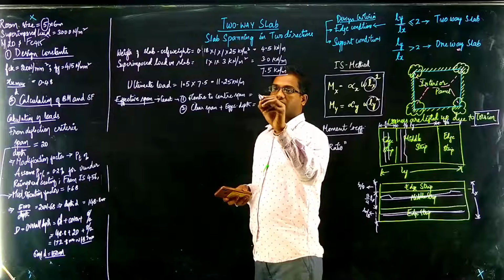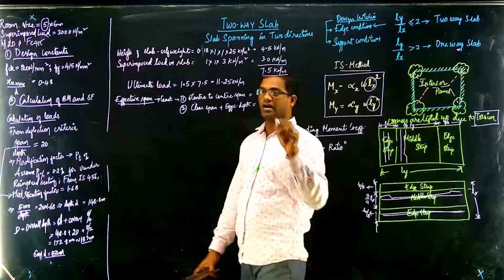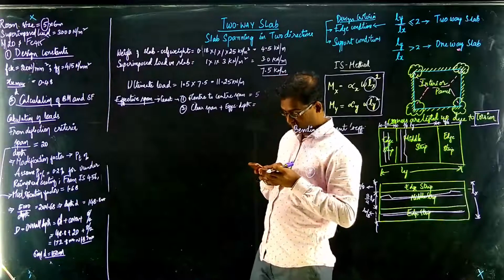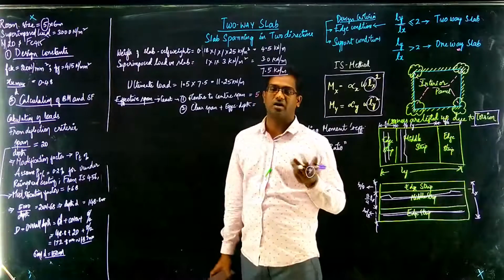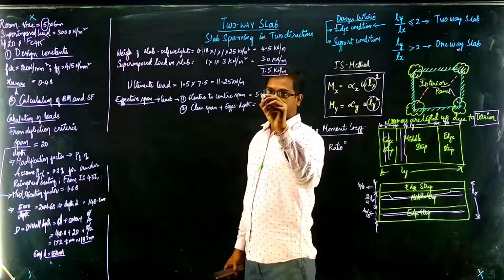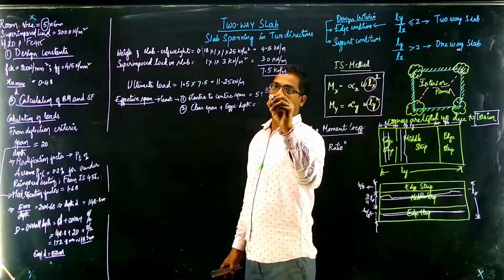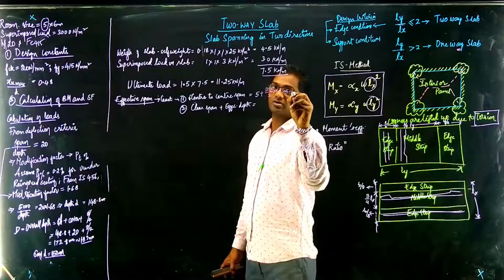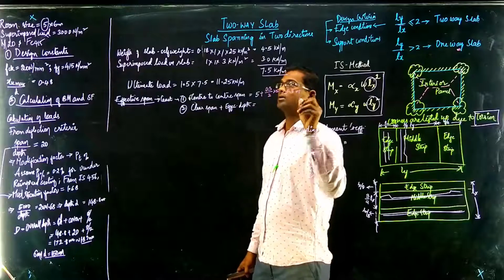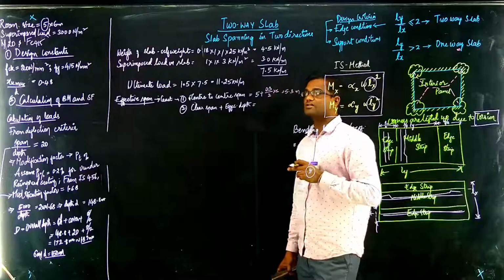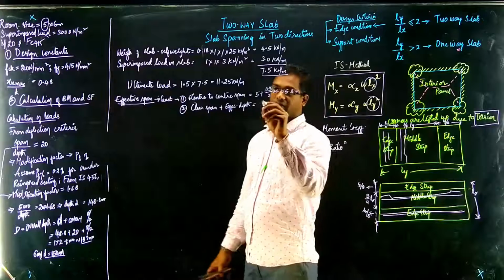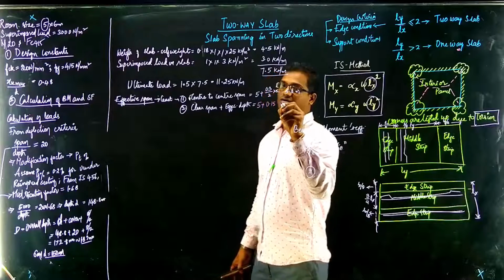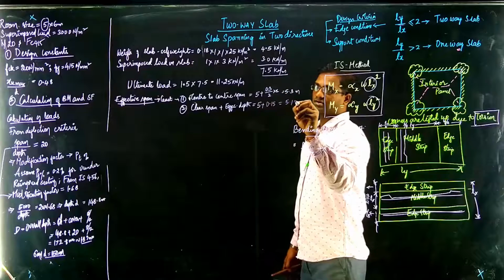So Lx is 5 and we did not get the support widths, right? So we shall assume support widths as 0.3. So we got 5.3 as the center to center span along the shorter direction, and 5 plus effective depth, which we have taken as 0.15, will give you 5.15 meters.